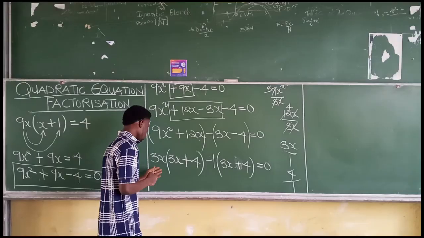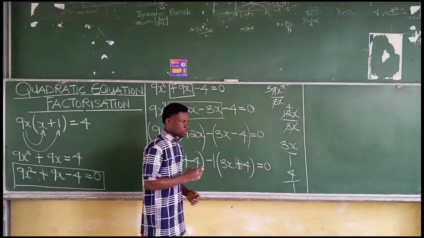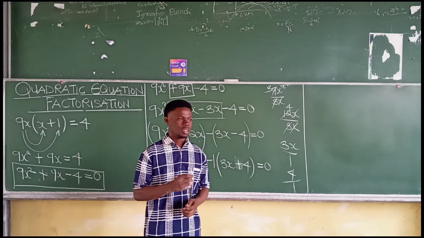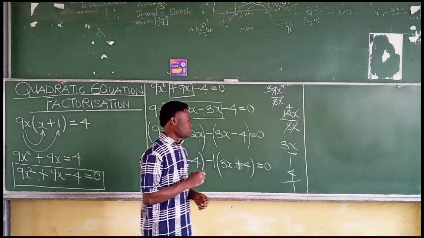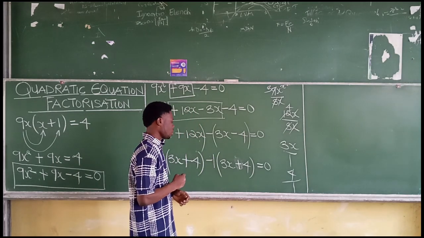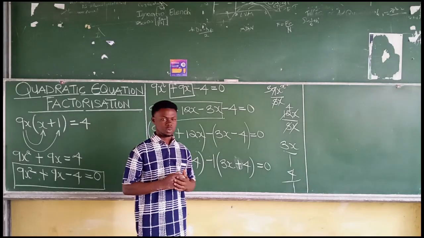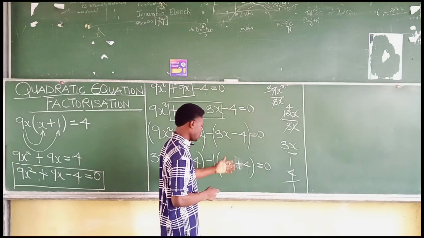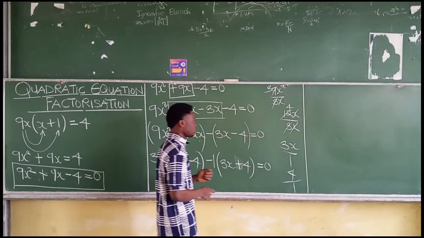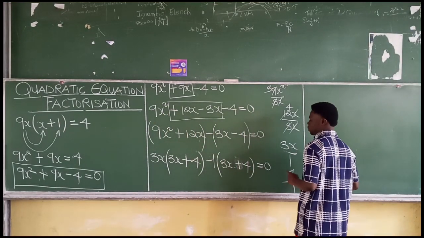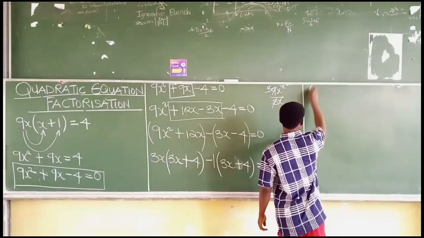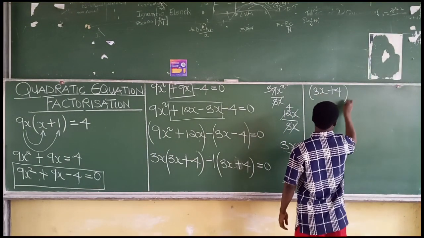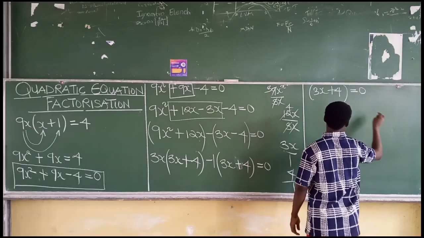So once you get to this stage and you observe your brackets are not the same, that is to say either you made a mistake or your solving is not in accordance to what is supposed to be. So we have 3x plus 4, 3x plus 4. Since they are the same bracket, let's examine one of the brackets. The bracket is 3x plus 4 equated to 0.